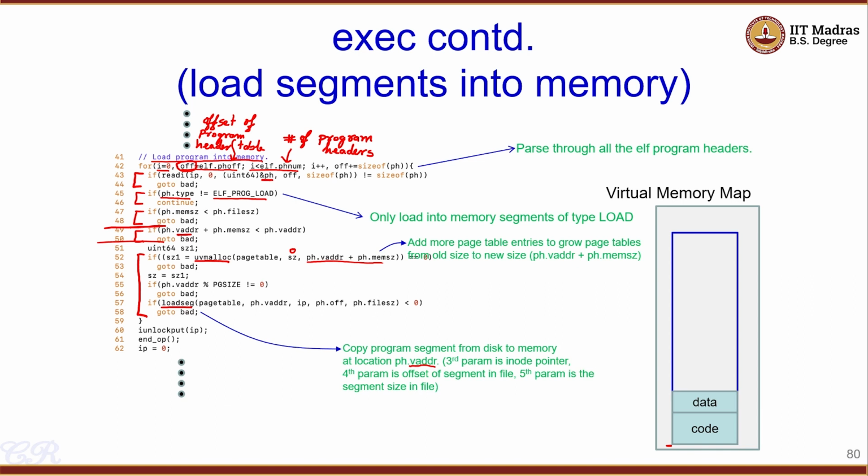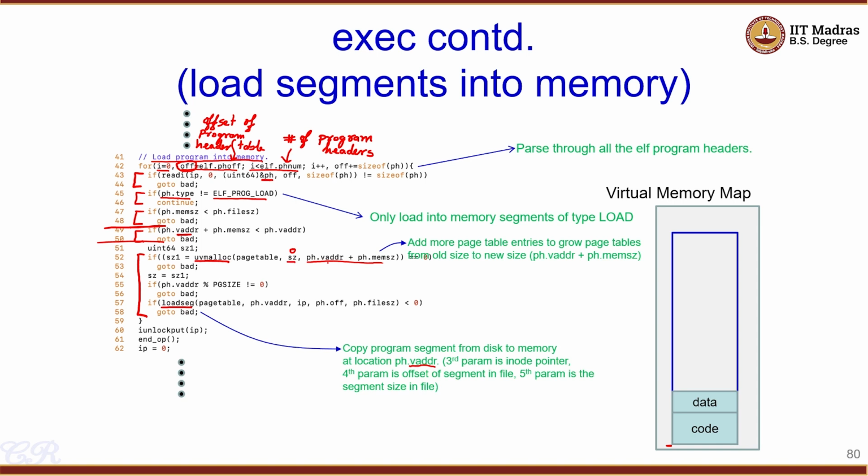Okay, so we look into these two functions in more detail. First we start with UV malloc and then go to load segment. UV malloc essentially would create page table entries for the segment that needs to be loaded. Notice that the number of page table entries that are going to be created is specified by v address plus mem size.